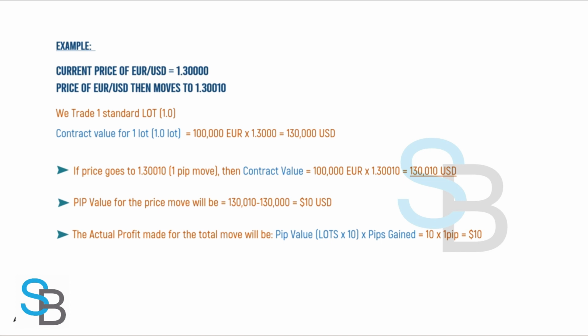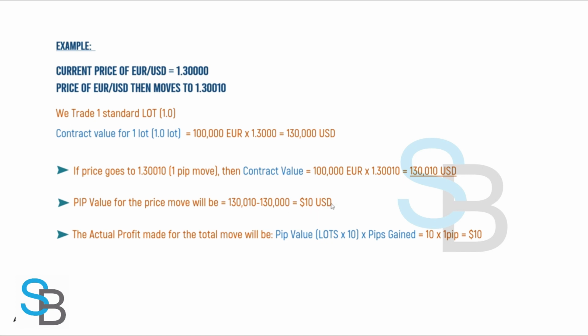We multiply 100,000 euros by the new price after the one pip movement, 1.30010. That's equal to $130,010. Now the pip value for the price move will be $130,010 minus $130,000, which is equal to $10.